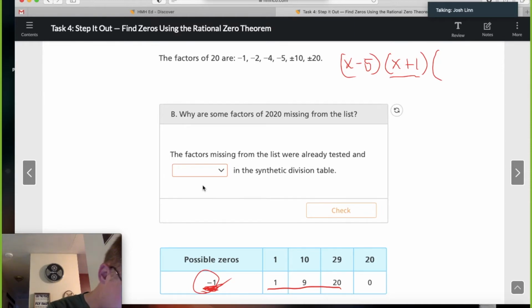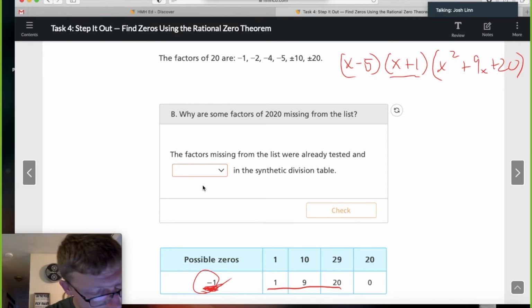So that would be x squared plus 9x plus 20. So I'm doing my traditional factoring here. 20 added together, 4 times 5. Bingo!